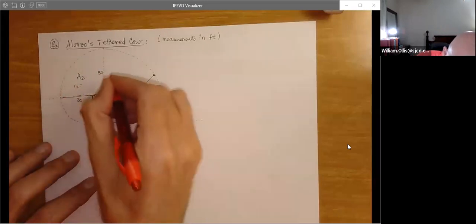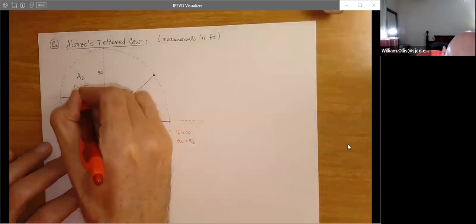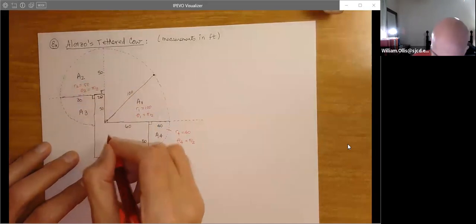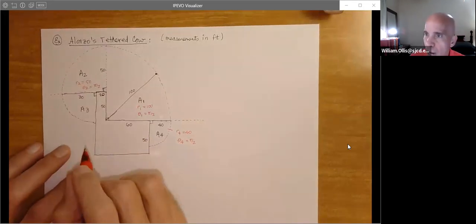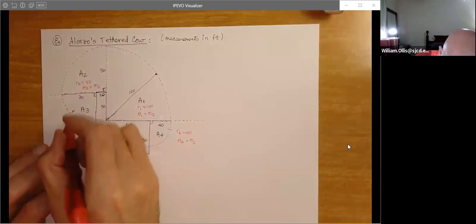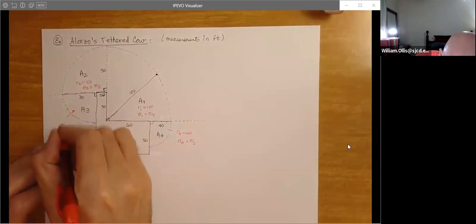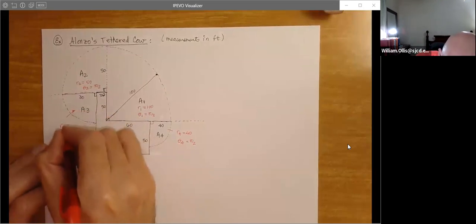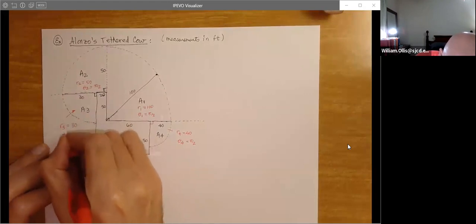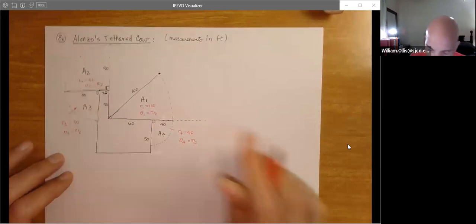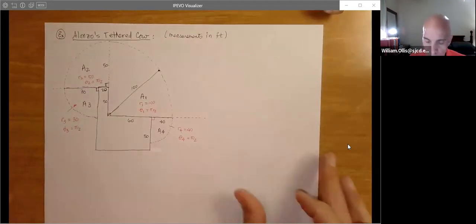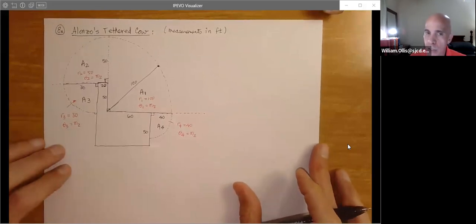R2 is 50, theta 2 is pi over 2. This is kind of simple once you figure out the logic. And then here, R3 is 30, and theta 3 is pi over 2. So we just get a bunch of right angles. So we're getting circular sectors in all 4 regions.